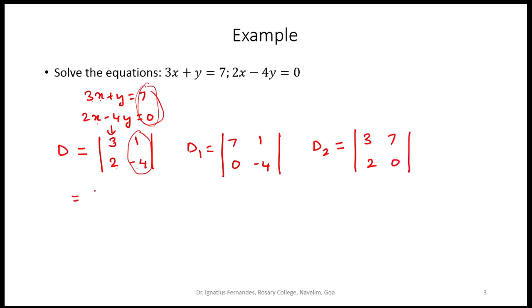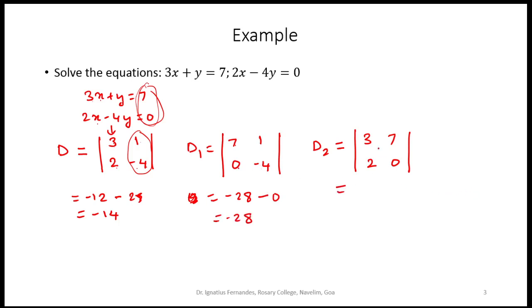So I find the values of each of these. D is 3 into minus 4, which is minus 12, minus 2 into 1, that is 2, which will give me minus 14. d1 will be equal to 7 into minus 4, that is minus 28, minus 0 into 1, that is 0, which will give me minus 28.